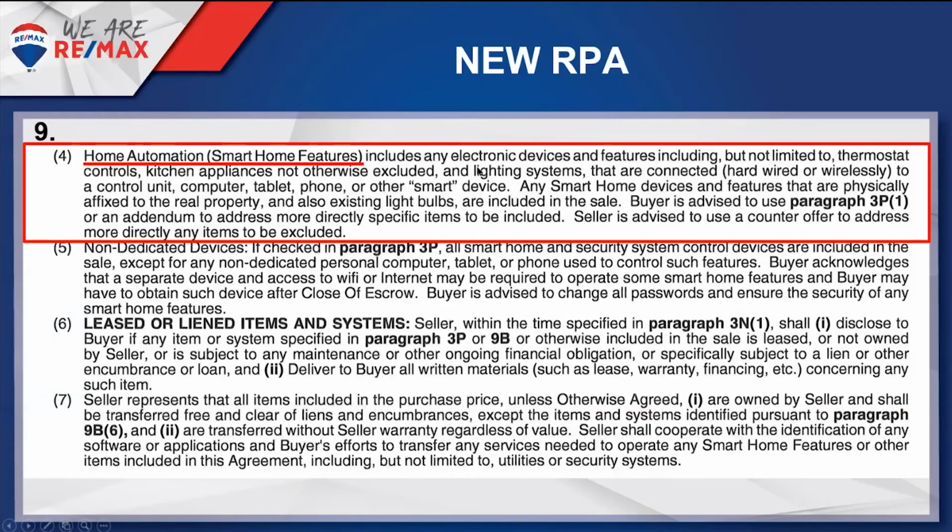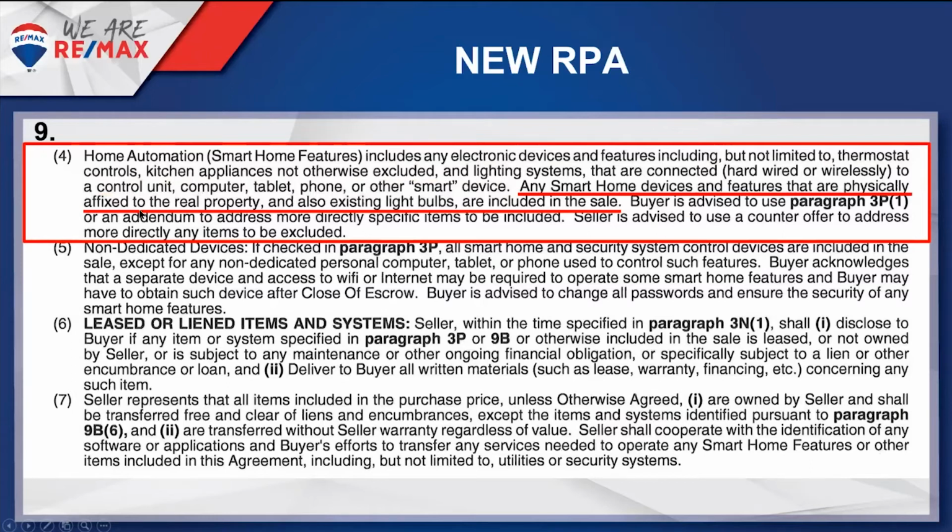Okay. Home automation systems. So any electronic devices, not limited to thermostat, controls, kitchen appliances, and otherwise not excluded. So if they're not excluded, then they are in fact included. Lighting systems that are connected, hardwired or not. Any control unit or computer, tablet, or smart device that is affixed to the property, that is included.